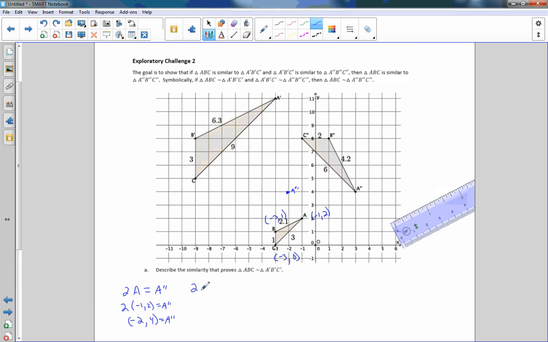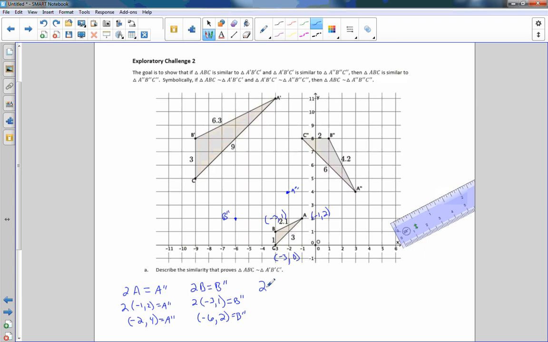And then I do 2 times B will give me B double prime. 2 times my B point, which is negative 3, 1, will give me B double prime. 2 times negative 3 is negative 6. 2 times 1 is 2. So B double prime is negative 6, 2. It's right there, B double prime.